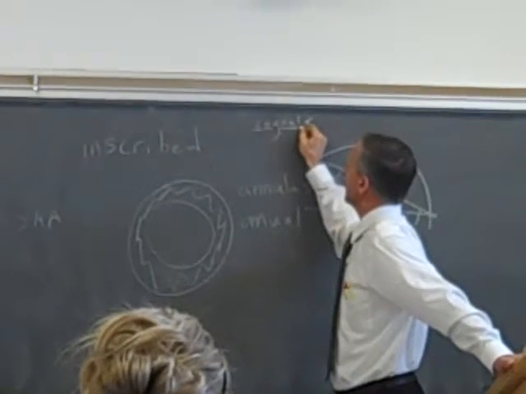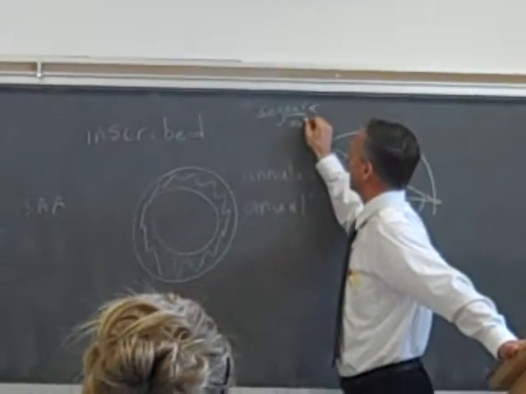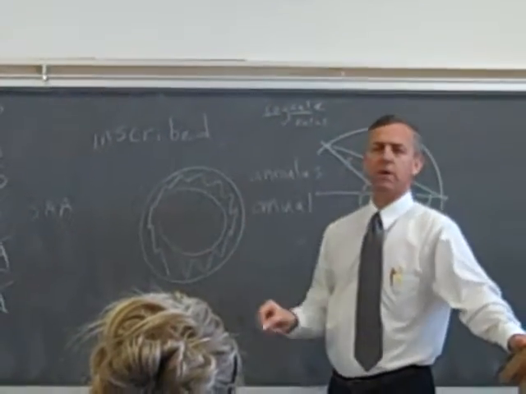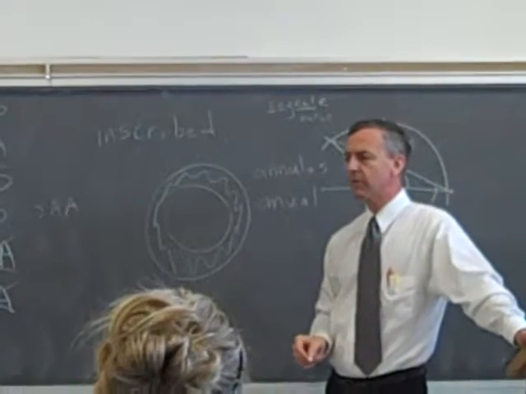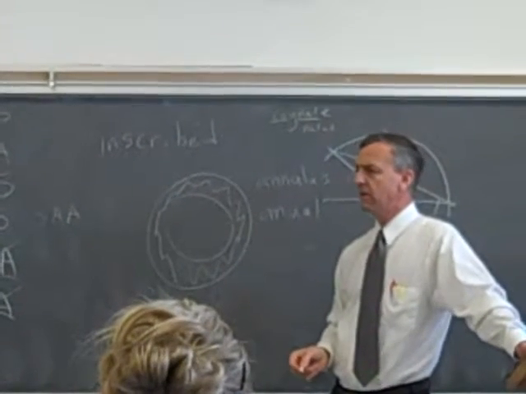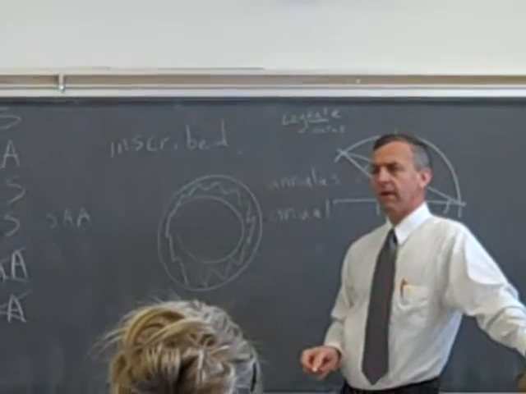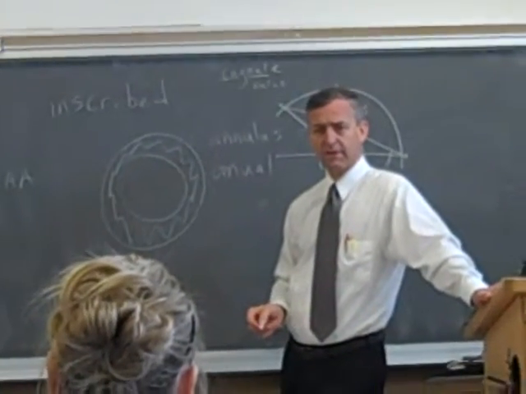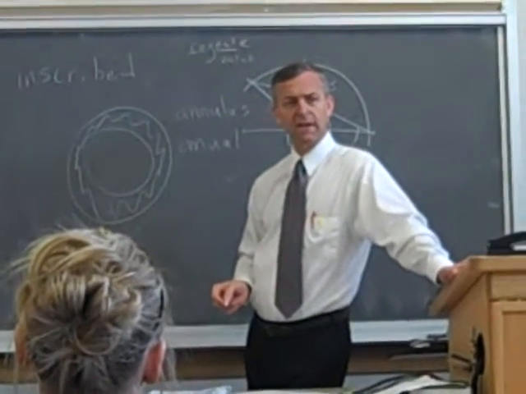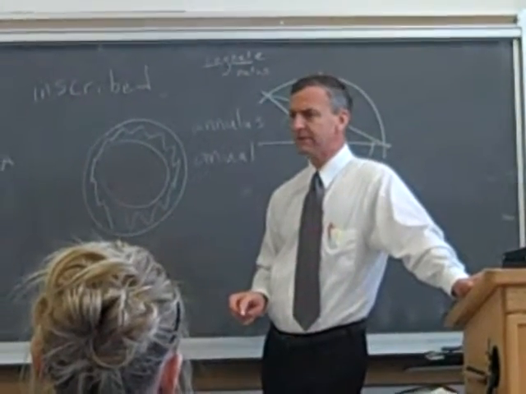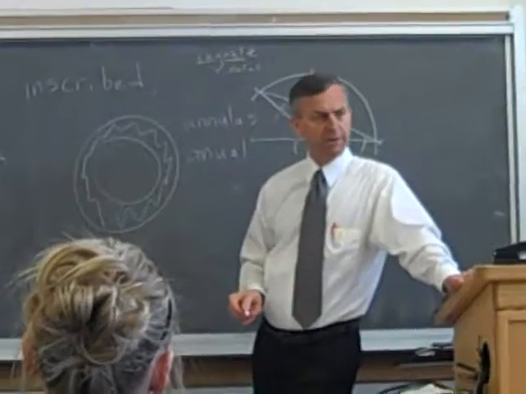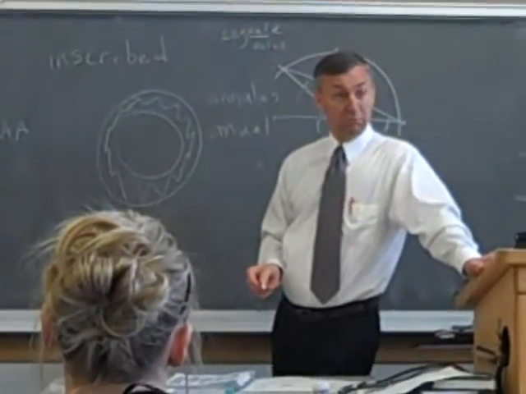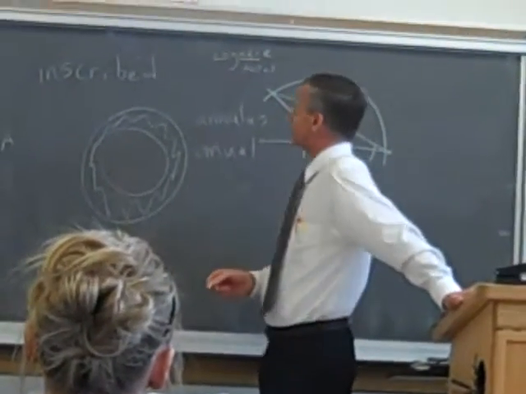And cognate comes from the Latin word natus, which our word nativity comes from, or native. Are you a native of Idaho? What does that mean? What does nativity and native have to do with each other? Birth. You were born in Idaho if you're an Idaho native.